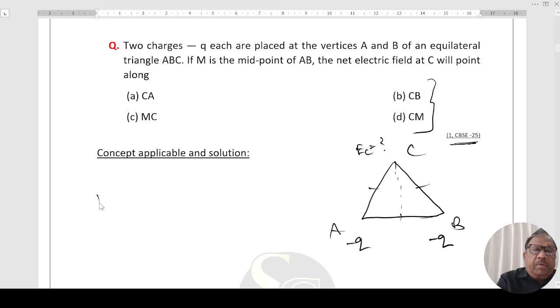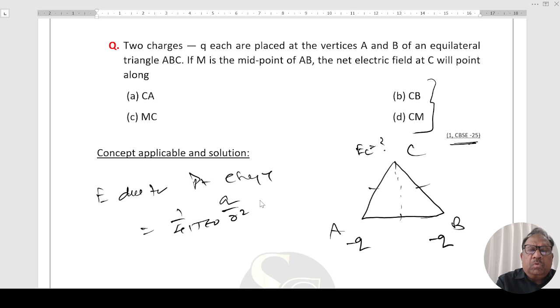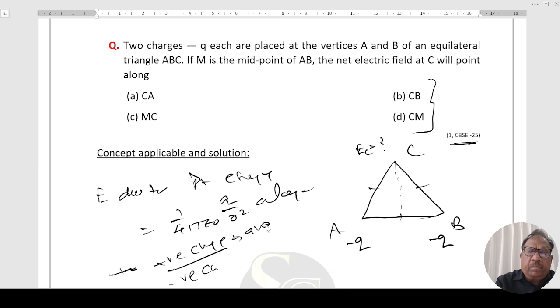Electric field due to a point charge is given by 1 over 4 pi epsilon naught q upon r square, directed away from positive charge and towards negative charge.